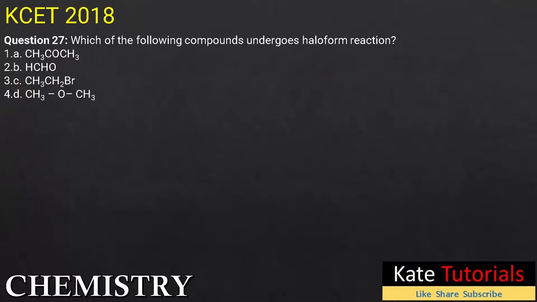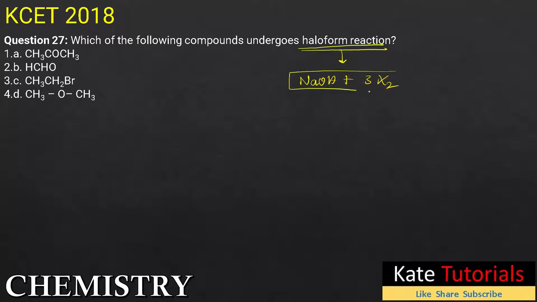Coming to the 27th question: which of the following compounds undergoes haloform reaction? You have studied the haloform reaction in the chapter aldehydes, ketones and carboxylic acids, right? In the haloform reaction, we add a reagent that is NaOH plus 3 molecules of X2.